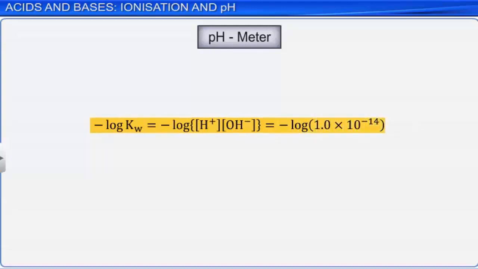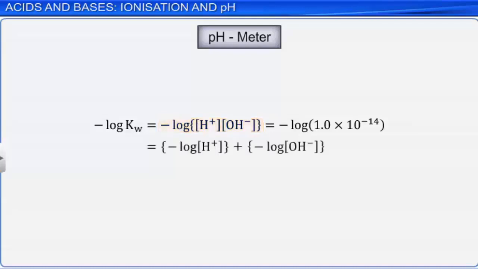Negative log of H plus and OH minus ion concentrations can further be written as negative log of H plus ion concentration and negative log of OH minus ion concentration. This is equal to negative log of 10 to the power of -14.